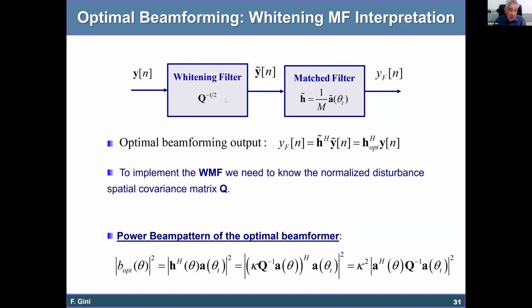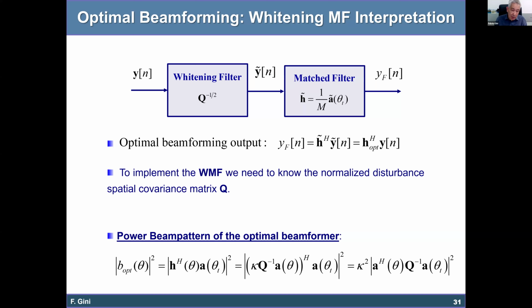Once we have whitened the disturbance, we do the best thing that we can do in white disturbance. So we apply a matched filter. But the matched filter cannot be matched to the original array response, because the array response has been modified by this whitening transformation. So the matched filter should be matched to the modified array response.